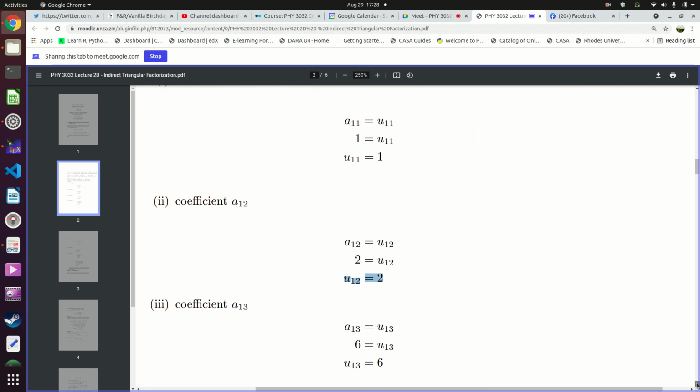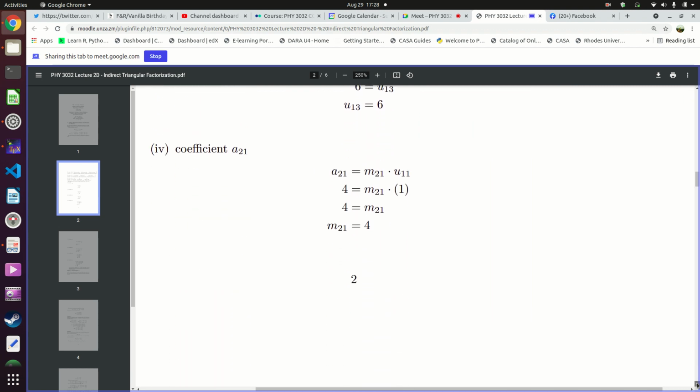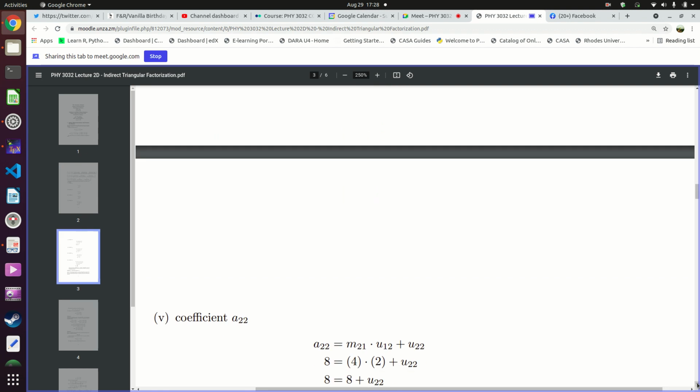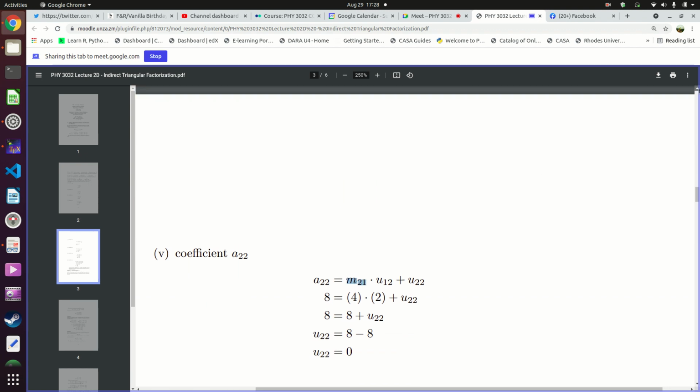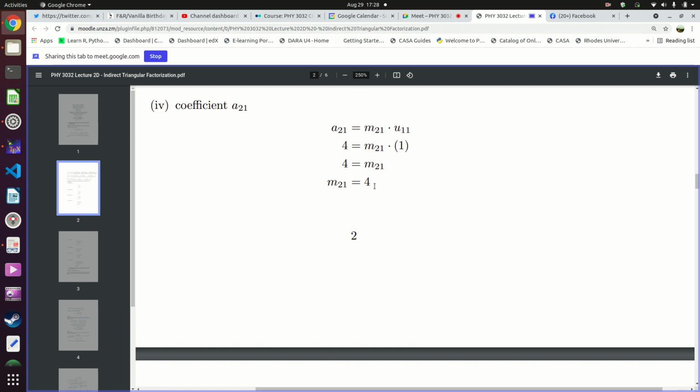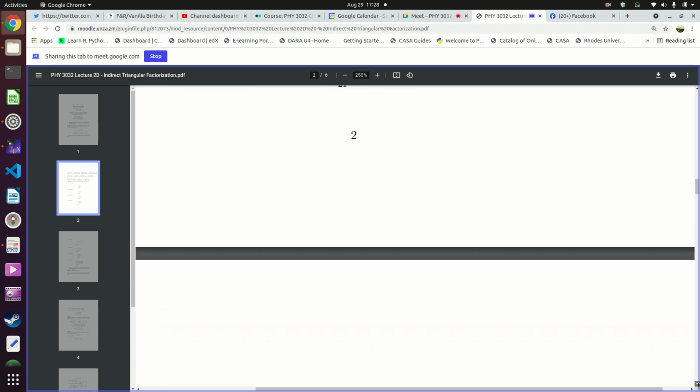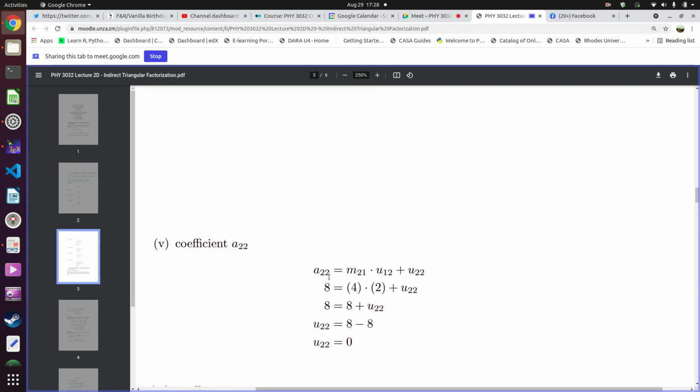So we end up with 8 equal to 4 times 2, plus U22.